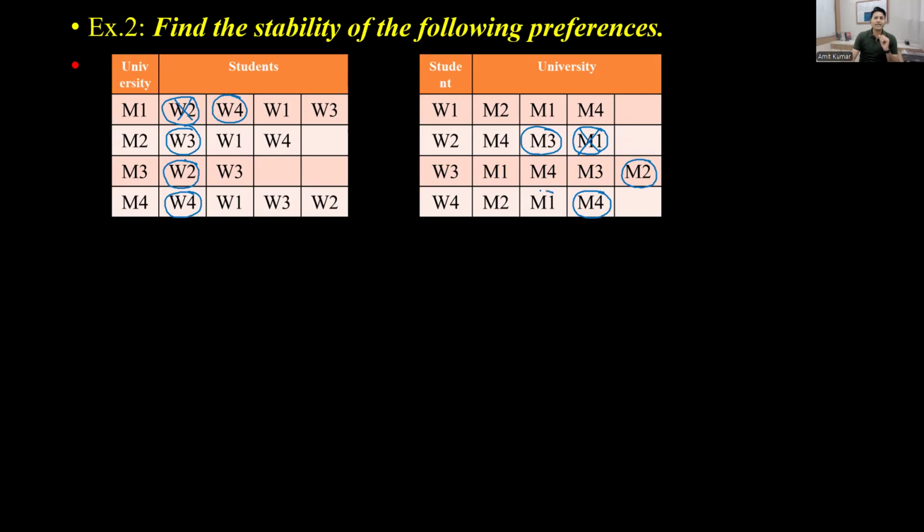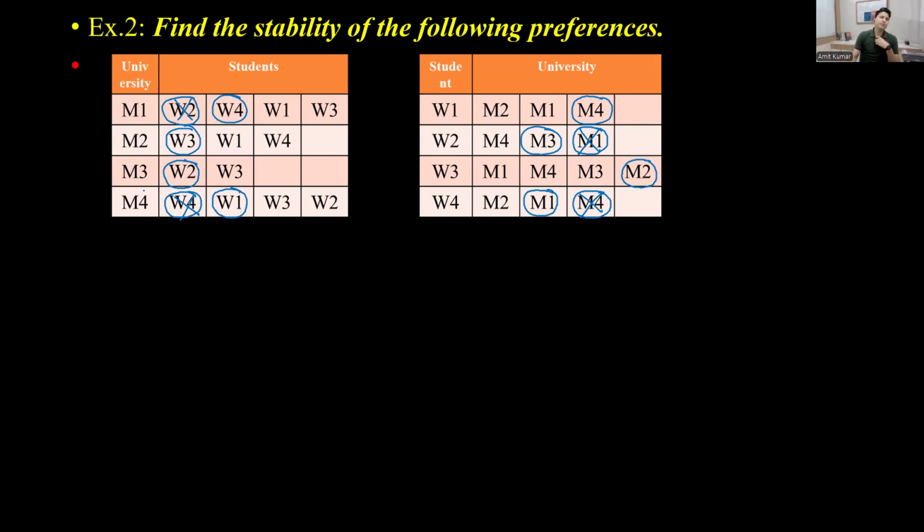Yes, W4 will accept it because it's better than the current choice. M4 to W4 gets crossed now. We will not disturb M2, M3 because they are already settled. But M4 will exercise option number 2, which is W1. So yes, it will be accepted because till now W1 didn't get any proposal.